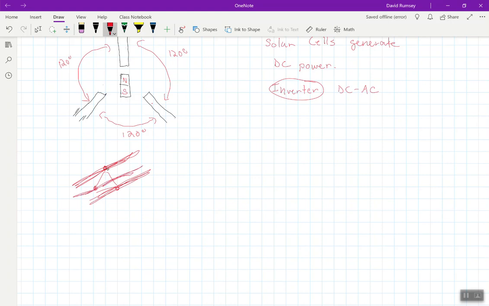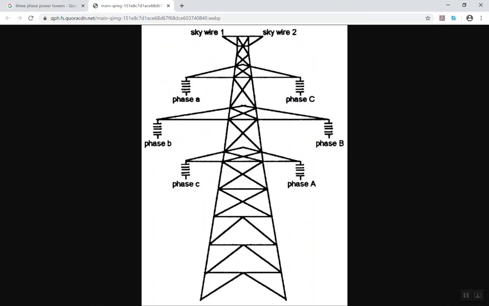So you've got 3. This is not three-phase. This is typically three conductors that are all conducting the same phase, and these three wires would be connected to, for instance, phase A.